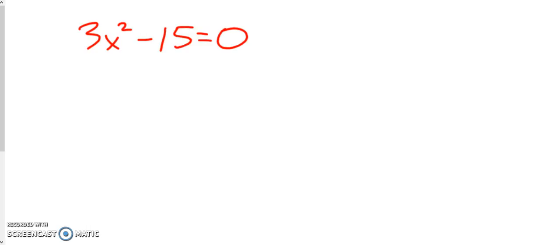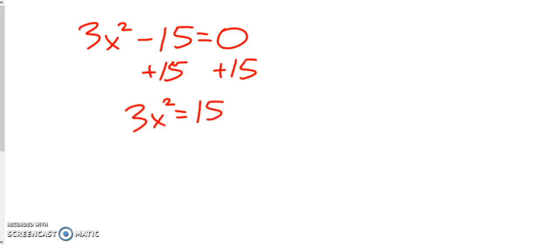In other words, you want to get this guy by itself. So, I can add 15 to both sides, 3x squared equals 15. I can then divide by 3, x squared equals 5.